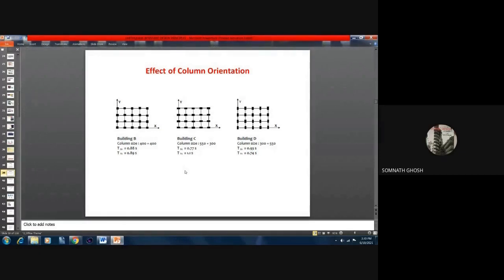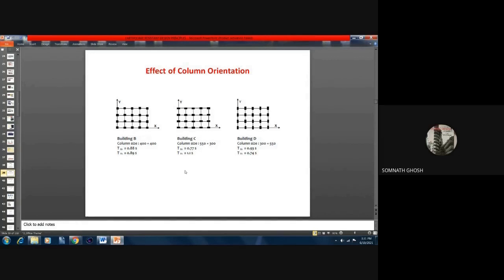You have to place the longer dimension of the column along 15 meters, the shorter direction of the building. That means if you want to provide a 300 by 500 column, then 500 will be along the 15 meters and 300 will be along the 30 meters.